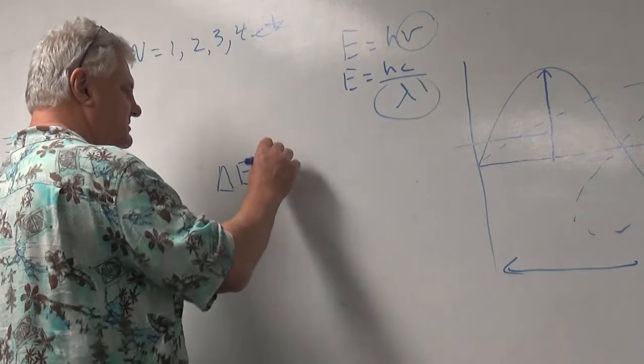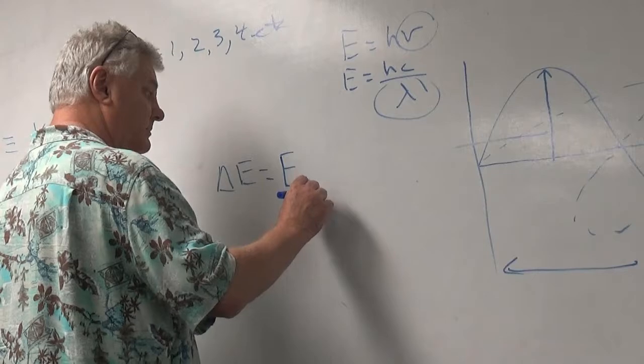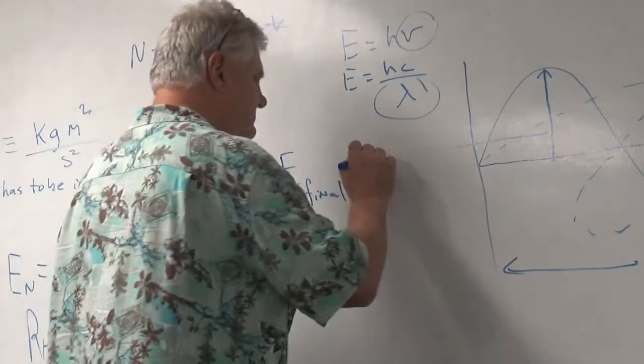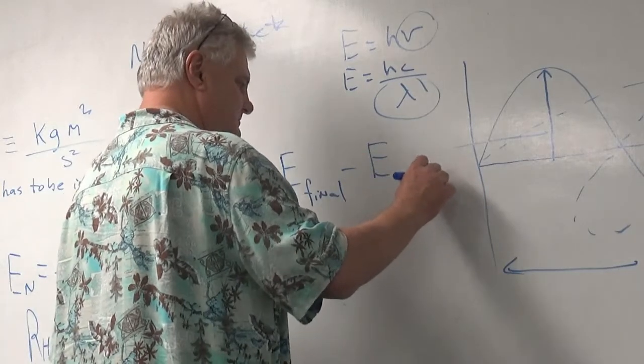It's just the energy of the electron in the final orbital where it ends up, minus the energy of the electron where it was initially.